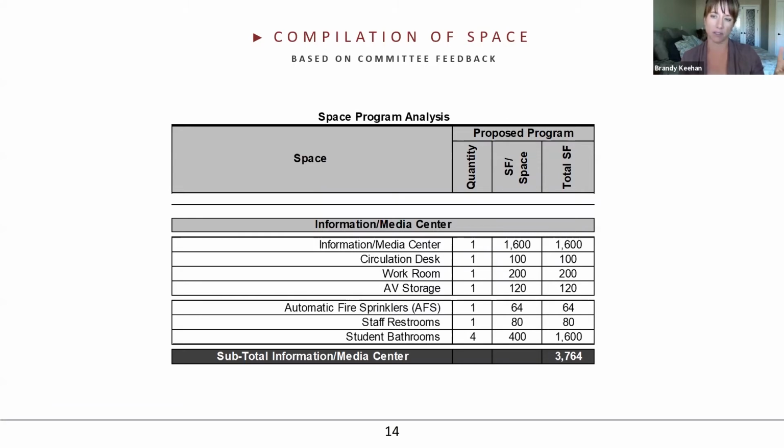It is also a staff bathroom. And I think it's important because the librarian rarely leaves that space. She can't up and leave. So I do think we need a staff restroom in there, but depending on the placement of the model, I'm not sure that you need student restrooms in the media center, but again, that's just my opinion.